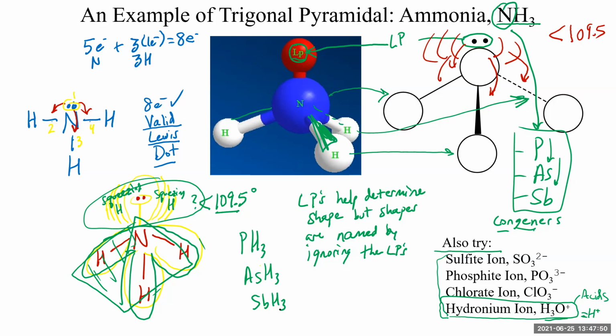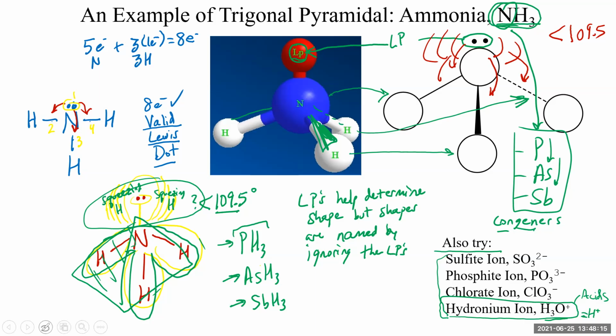I'm not sure. I think it would be stibine, but I'm not totally sure. Okay, but looking at these, you don't even have to wonder or work it out. If you remember the molecular geometry of ammonia, NH3, then you know that it's the same exact molecular geometry for all of these. They are all trigonal pyramidal.